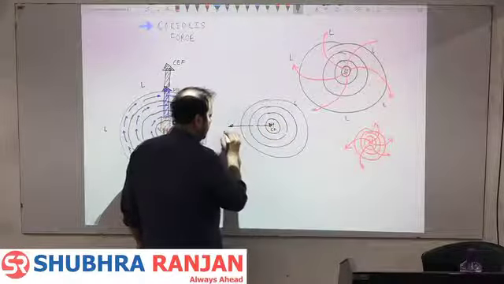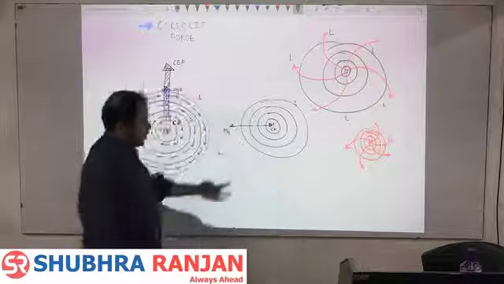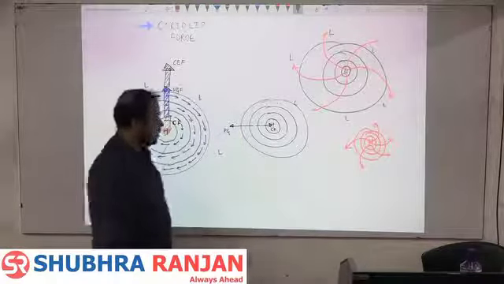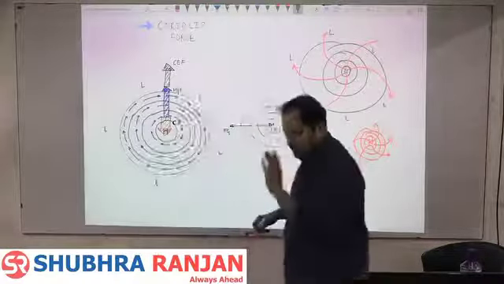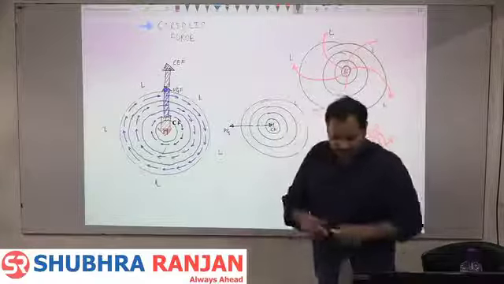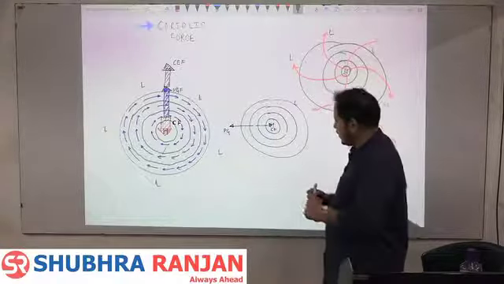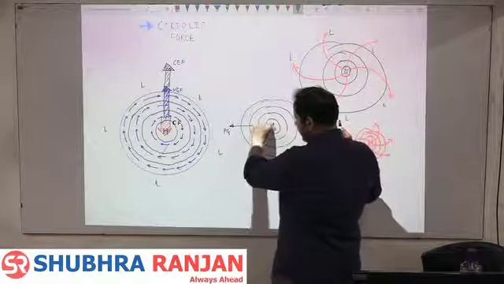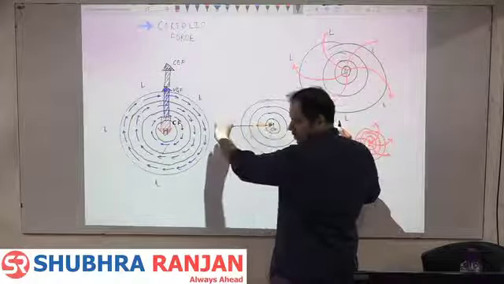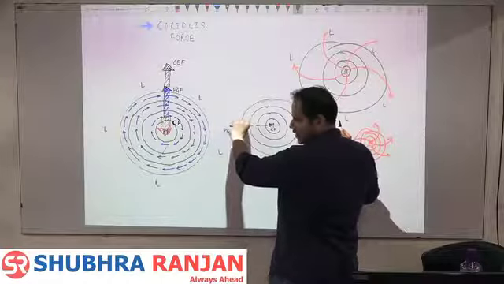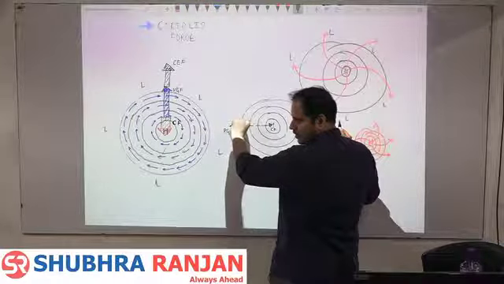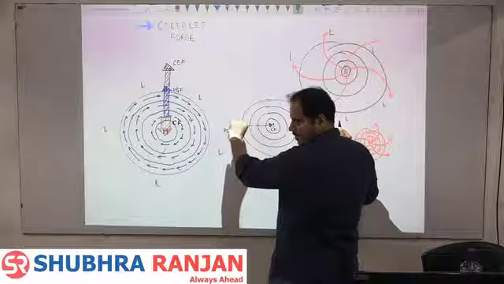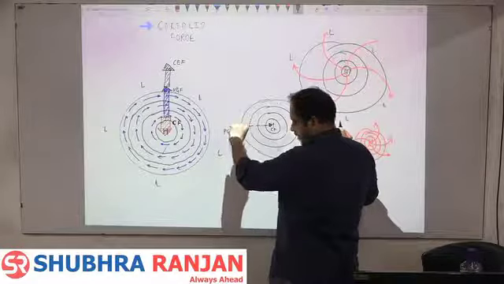Again, I am explaining for the last time. Pressure gradient force, Coriolis force. Wind always follows the direction of the pressure gradient force, and the Coriolis force will deflect it to the left or right. It will start flowing from high pressure to low pressure, and after that it will start getting deflected to the left or right. In the southern hemisphere, left.